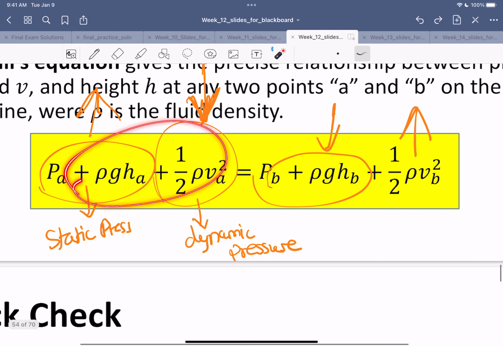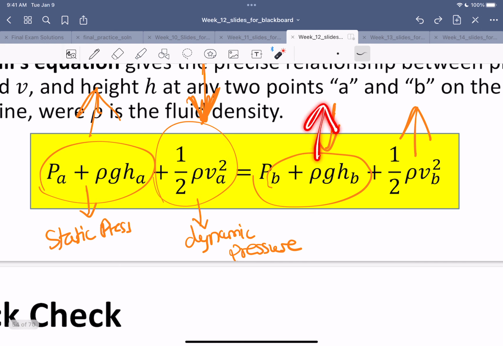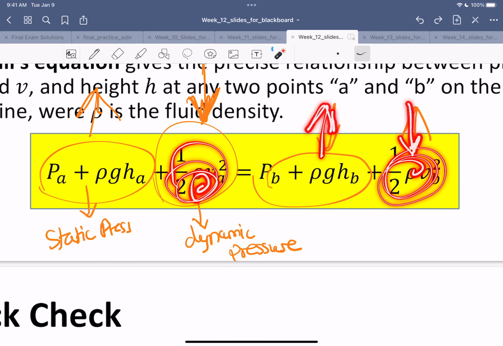Because remember, both sides have to be equal to each other. If this term is larger, this term has to be smaller.